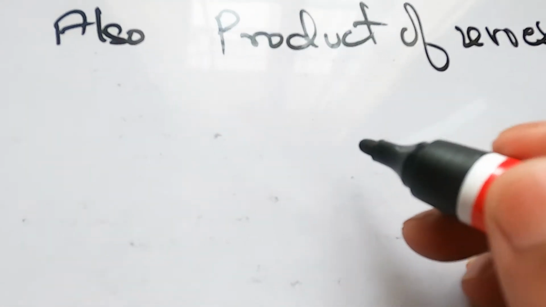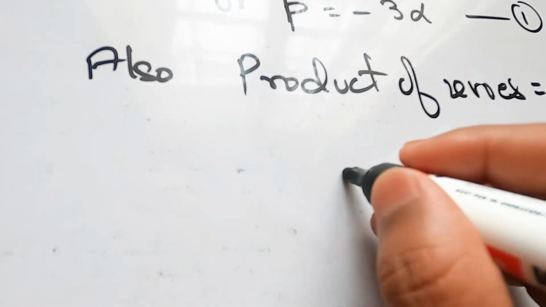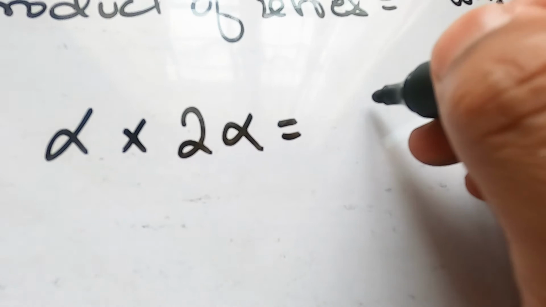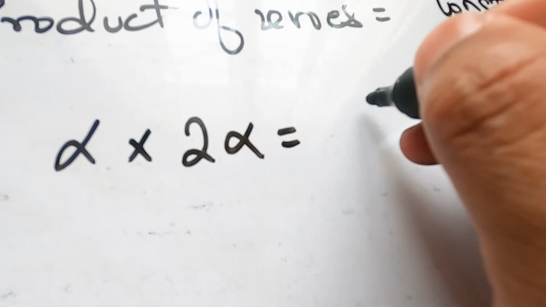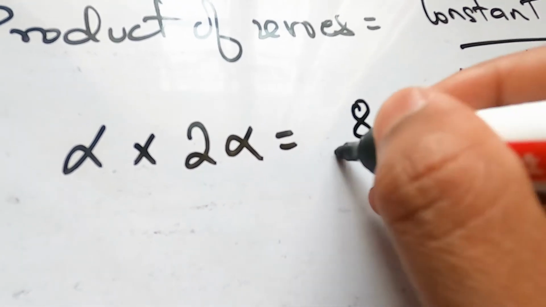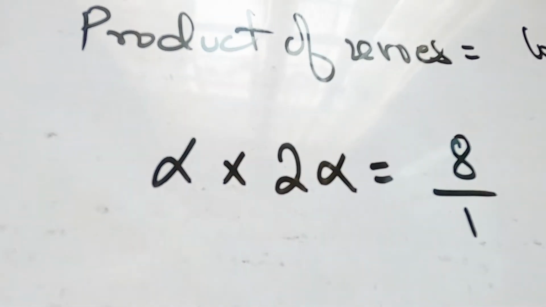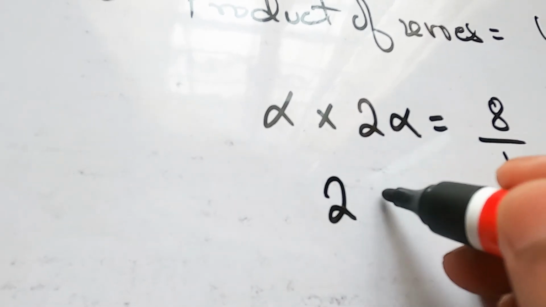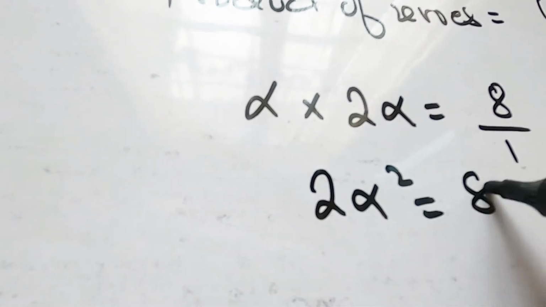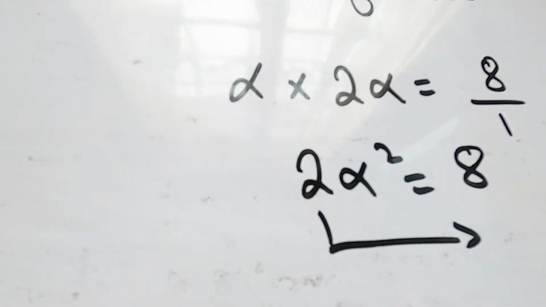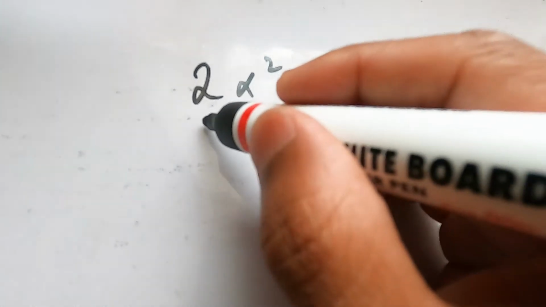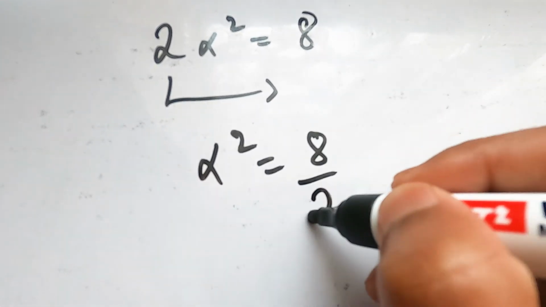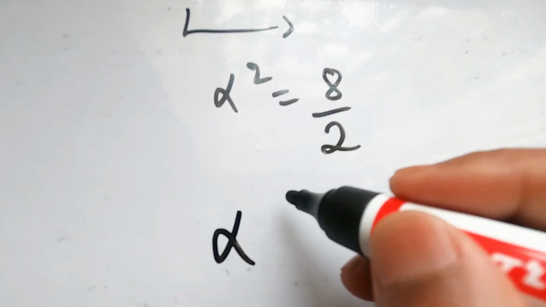So alpha into 2 alpha is equal to constant term 8 by coefficient of x square, which is 1. So 2 alpha square is equal to 8, so 2 will come down. So alpha square is equal to 8 by 2, which after dividing we get 4.